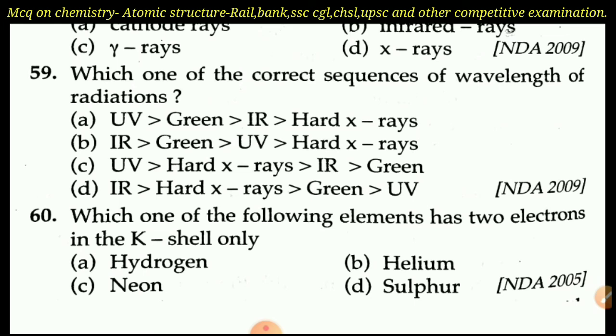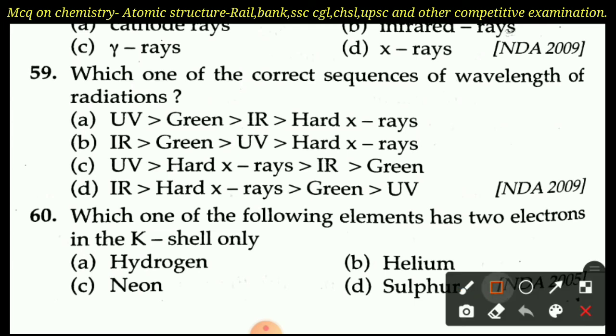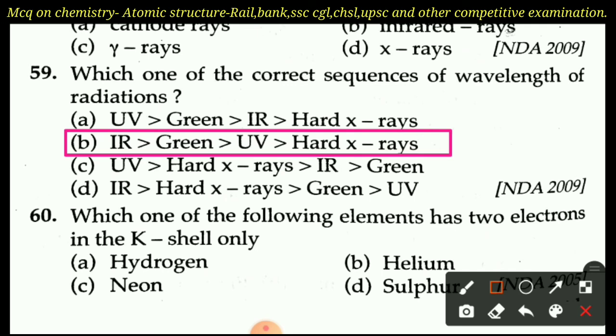Option D, IR greater than hard X-rays greater than green greater than UV. The right answer of question 59 is option B: IR, green, UV, then hard X-rays. It is the correct sequence of the wavelength of radiation.